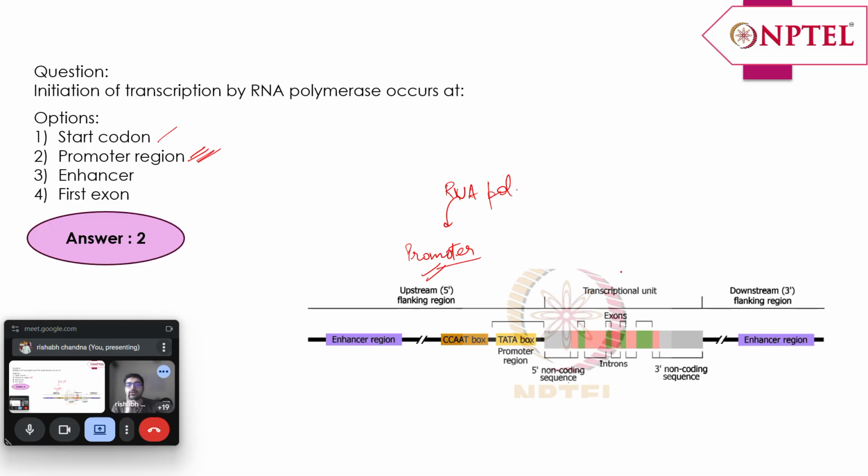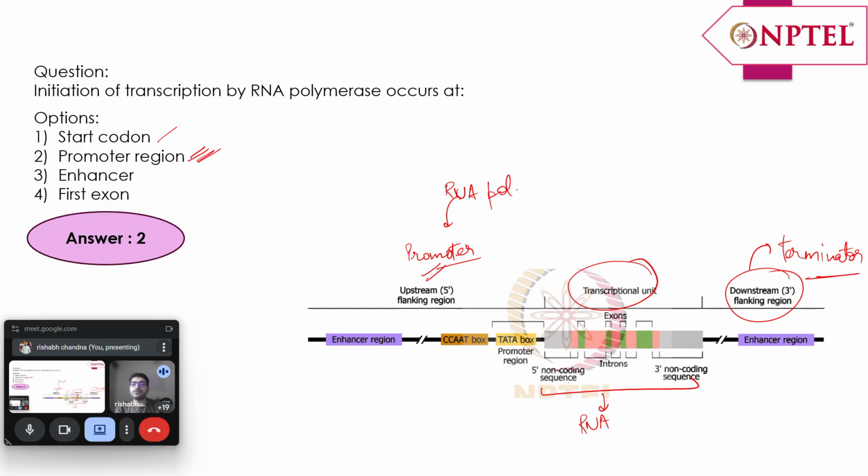The second is the transcriptional unit, the region that needs to be transcribed, which will actually form the RNA. Then comes the third region, the downstream flanking region, which is termed the terminator. So these are the three main components of the gene in simple terms.